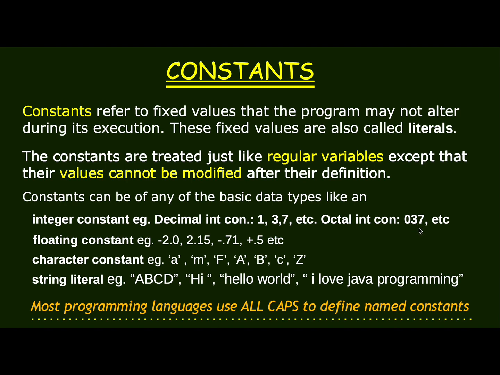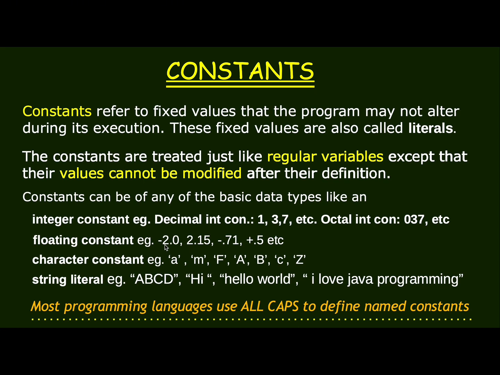They come in 3 figures and 4 figures. We can also see constants in a floating data type, for example negative 2.0, 2.15, and so on. That is a floating constant which gives us decimal points in their values.